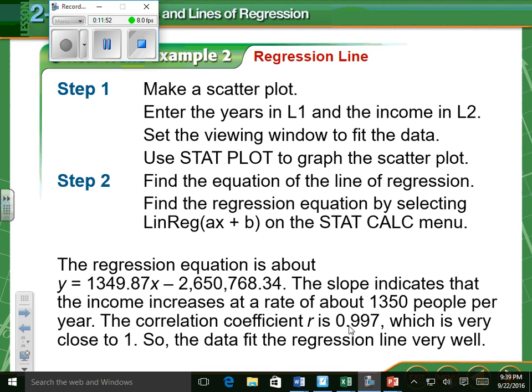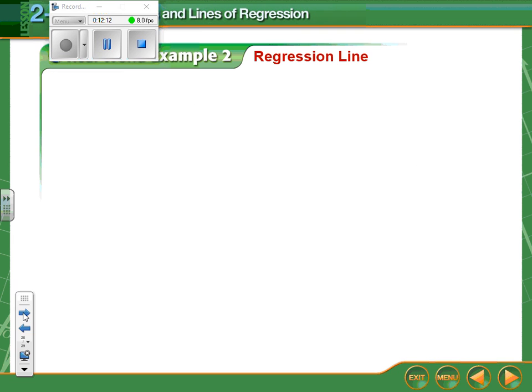Sometimes you can get an R value, and that tells you the strength of this equation. It gives you an R value of about 0.997. 1 is perfect, so 0.997 is very close. So we would say that the data fits the regression line very well.